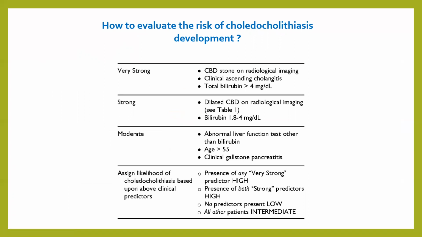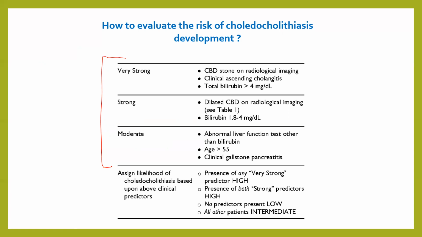Now, this slide is not really important for you, but it's so that you get an image that in the case of cholelithiasis, we don't have a very concrete testing procedure. So we have something called risk stratification, wherein based on the symptoms, we can assess the likelihood of someone developing cholelithiasis.